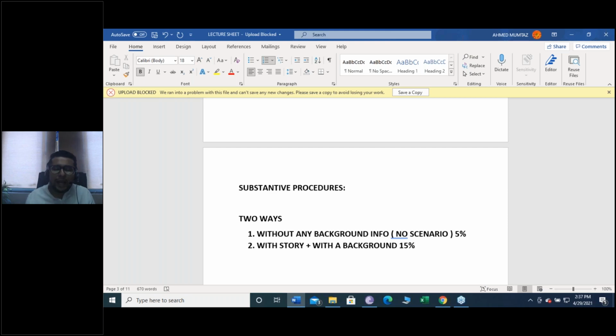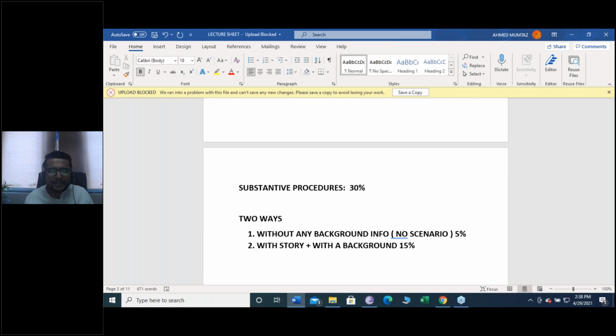So overall, at least these are the minimum thresholds that I've expressed. At least 20% marks will be from substantive procedures, and then you add 3-4 MTQs regarding substantive procedures. So the substantive procedures will easily go up to 30% of your total exam.